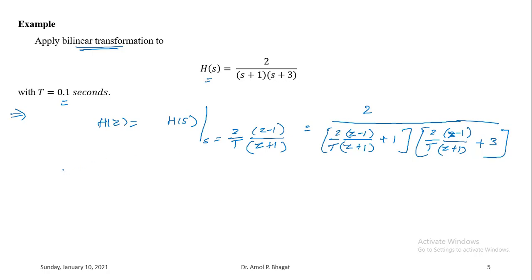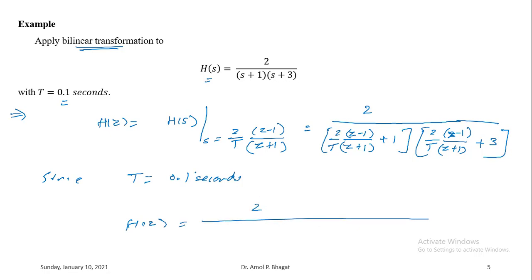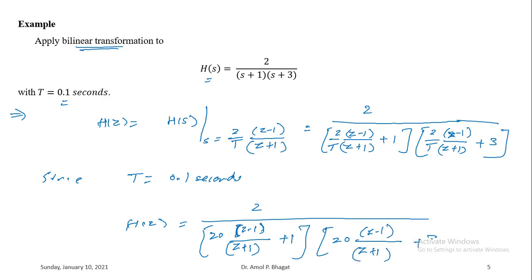Since capital T is 0.1 seconds, I can substitute this value in the equation and have H(z) equals 2 upon 0.1, which is 20, times (z minus 1) upon (z plus 1) plus 1, and again 20 times (z minus 1) upon (z plus 1) plus 3 will be there.